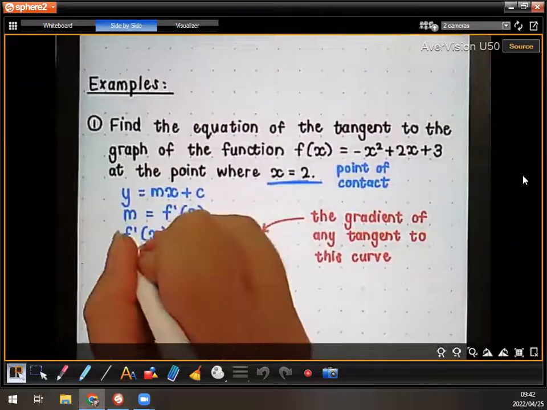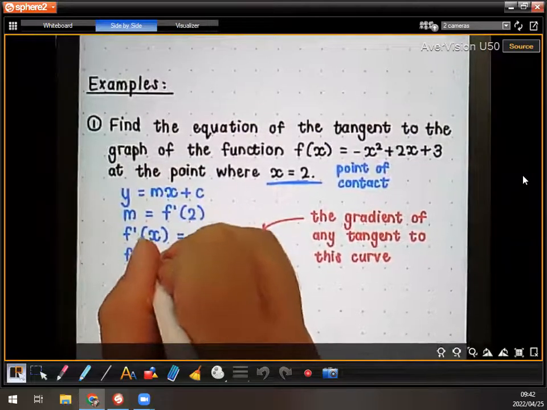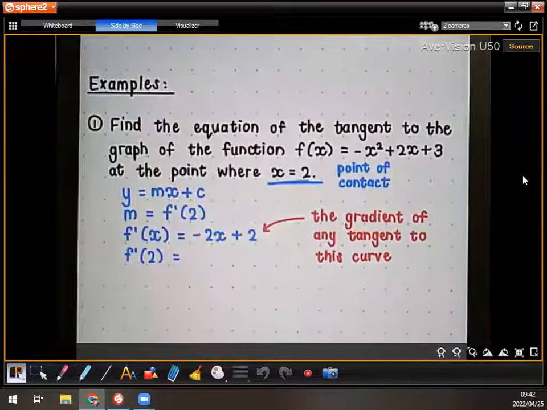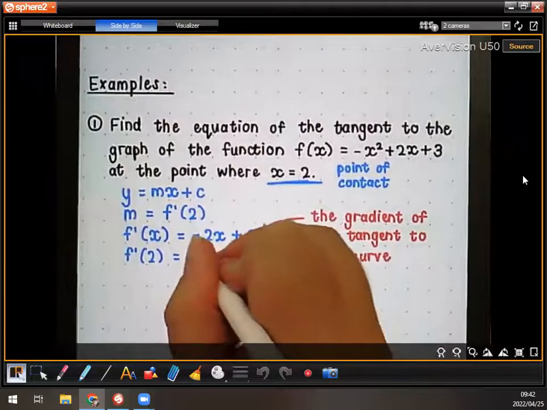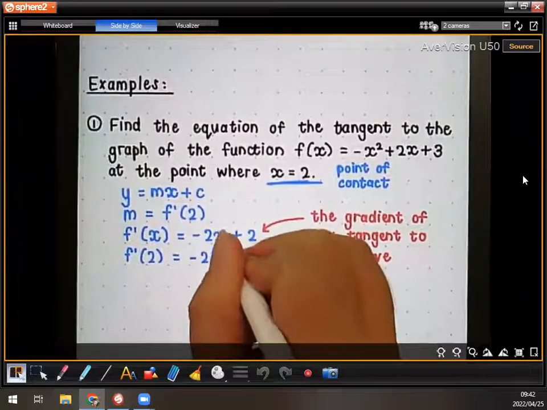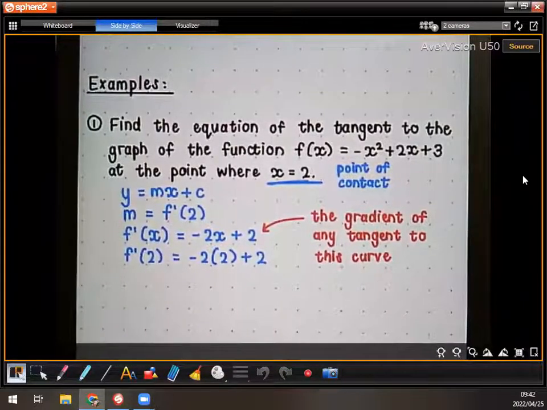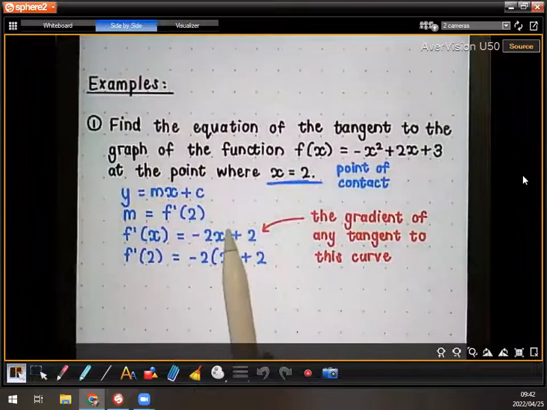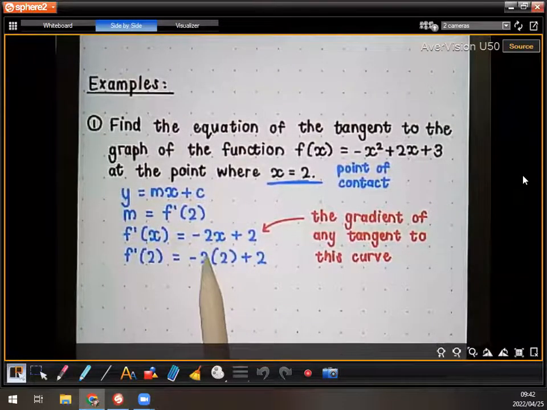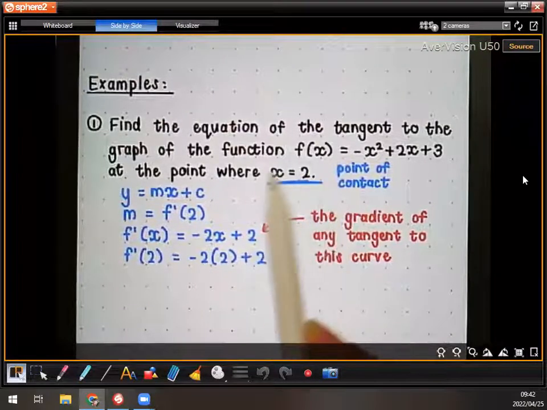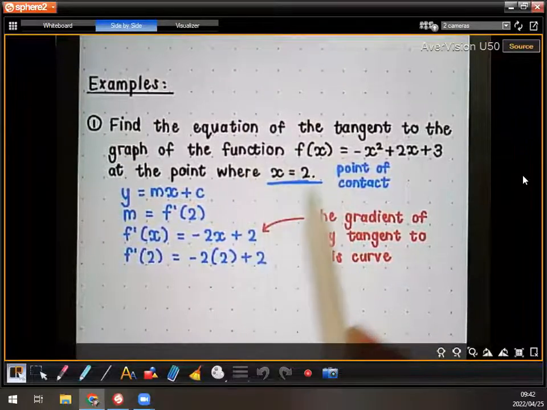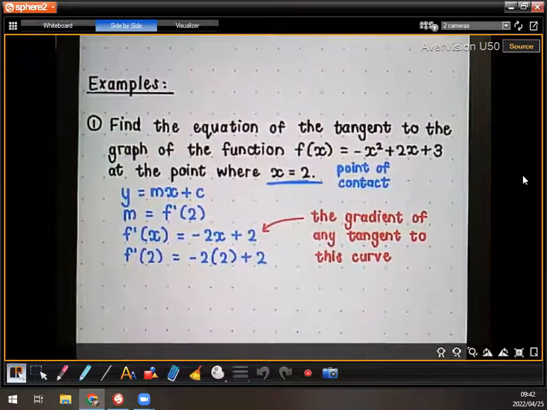So now we're going to say f dash of 2 is equal to negative 2 times 2 instead of x plus 2. Sorry, we've got the 2 there. You see, I'm just replacing the x with the 2. Right, and that 2 we're getting from what they're telling us. Guys, they're going to have to tell you what the x value is where that tangent is touching.